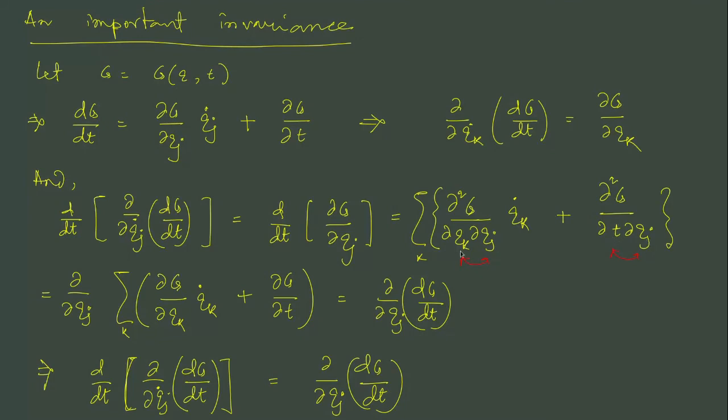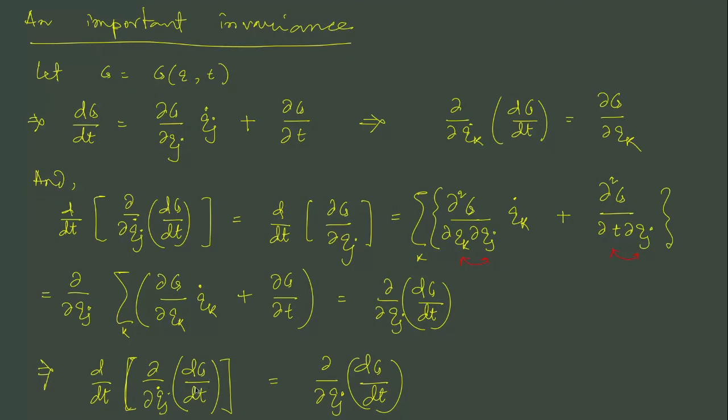We can interchange them, just like the old trick, and take the del qj partial derivative out, and we'll have dg dt inside. So we see that this is d dt of del qj dot dg dt.